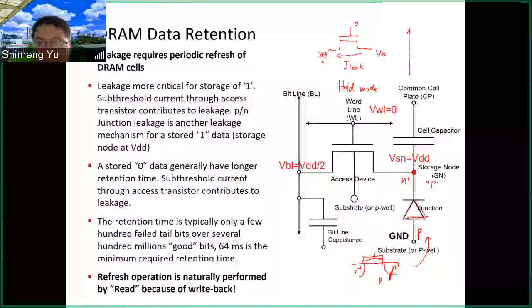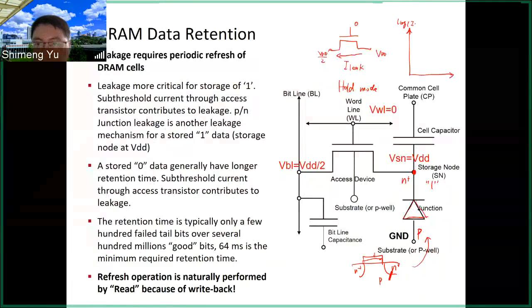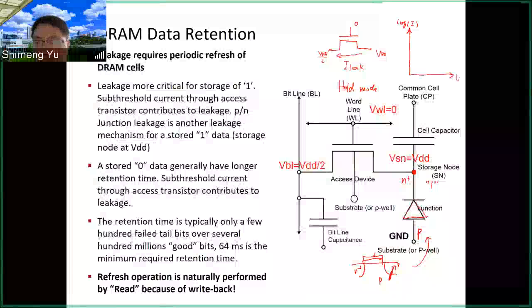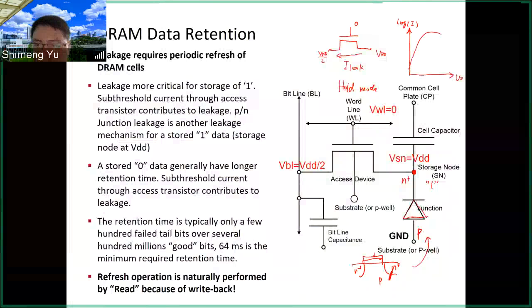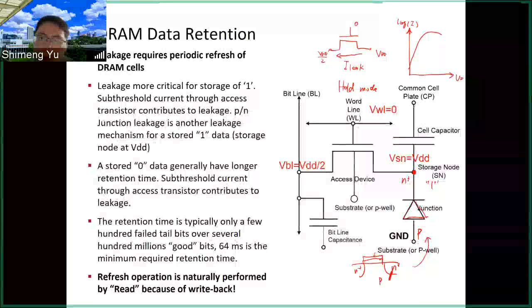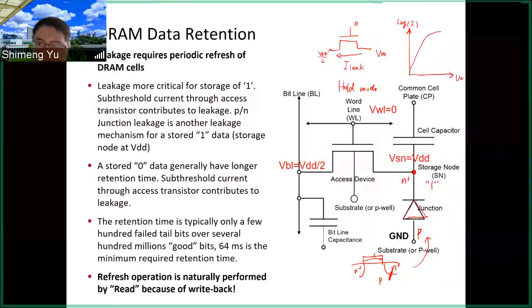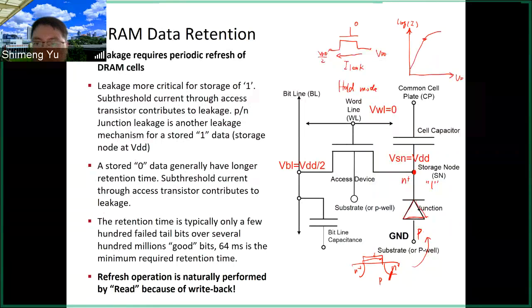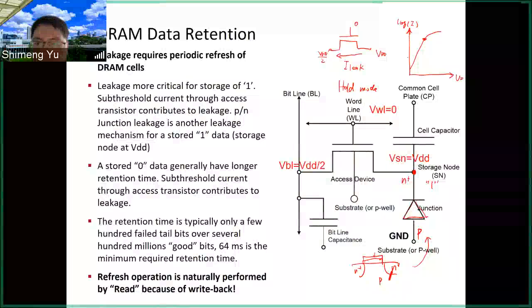If you recall lecture 10 when we talked about the subthreshold current, we have this. This is the threshold voltage, but below that you have exponentially small current, but this is non-zero.